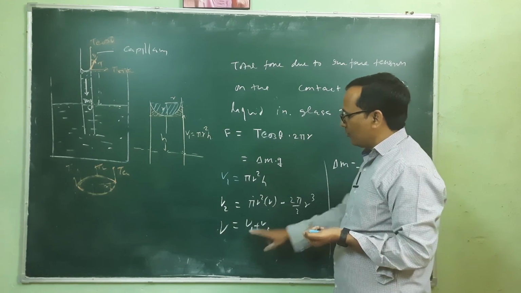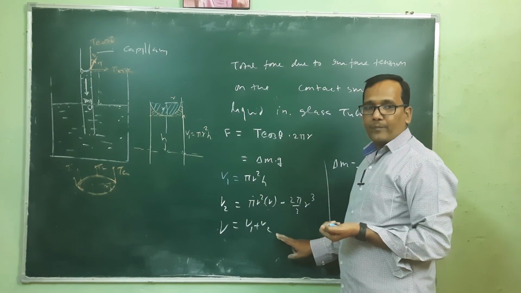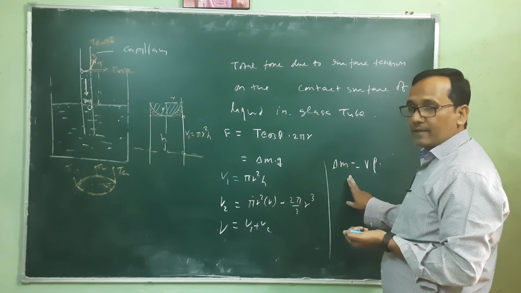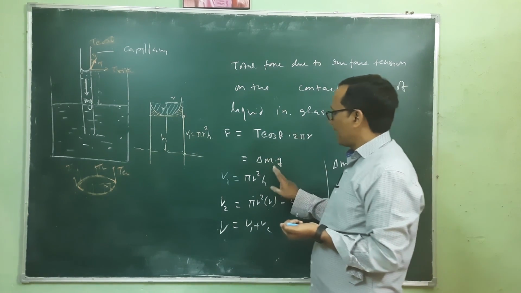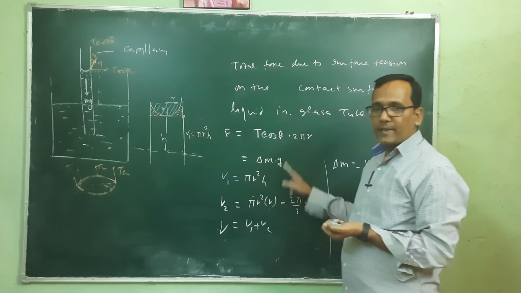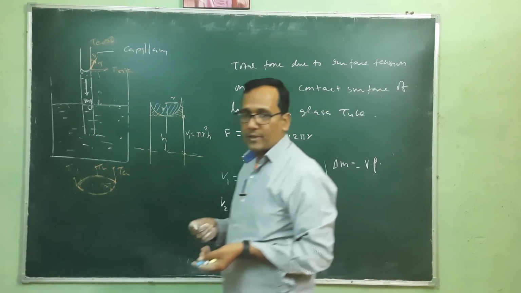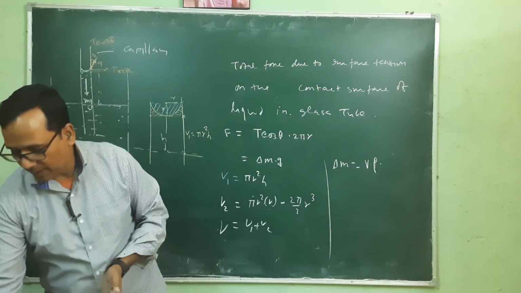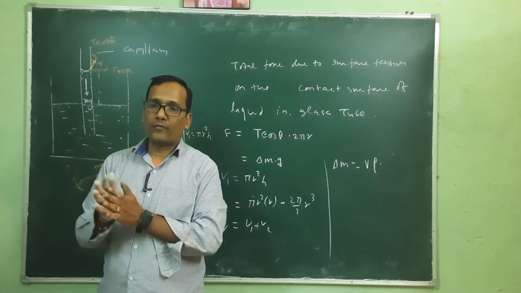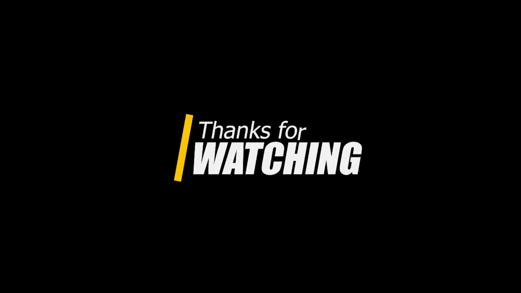When we add these, we get the total volume. From this we can calculate the mass, and we can calculate mg. When we compare these two, we can get the value of T. So this is your assignment. You have to calculate the value of T.